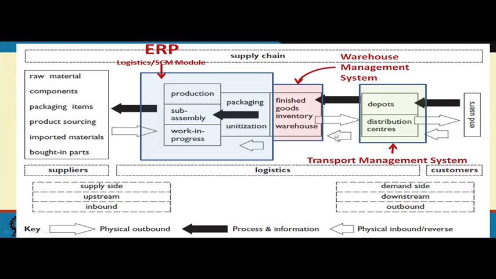And if we look at only this logistics part, it has two broad systems associated with it, two independent systems: one is a transport management system and the other one is a warehouse management system.